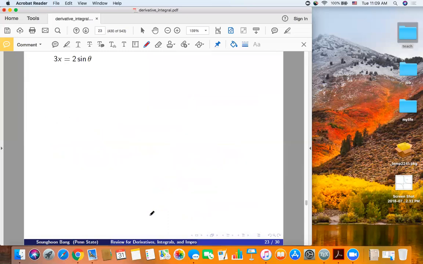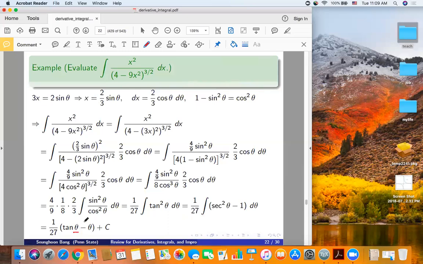Next, you can change the theta variable to the x variable. How can you change it? You can use this idea. We can divide both sides by 2. We have 3x over 2 equals sine theta. You can draw a triangle with angle theta here. The 3x over 2 is sine theta. You need to find the adjacent side y using the Pythagorean theorem.